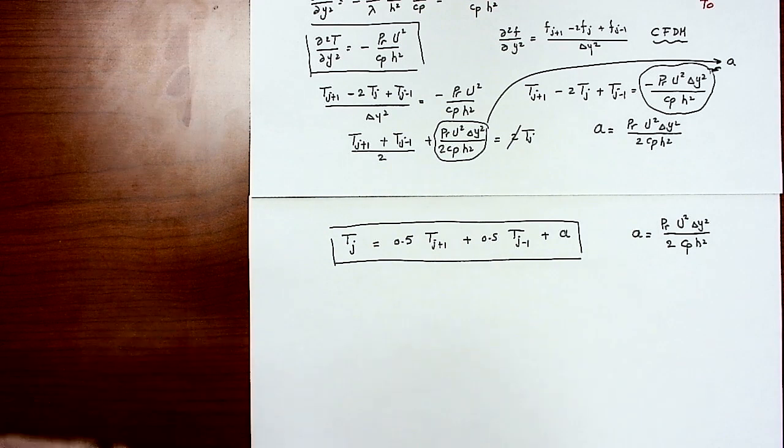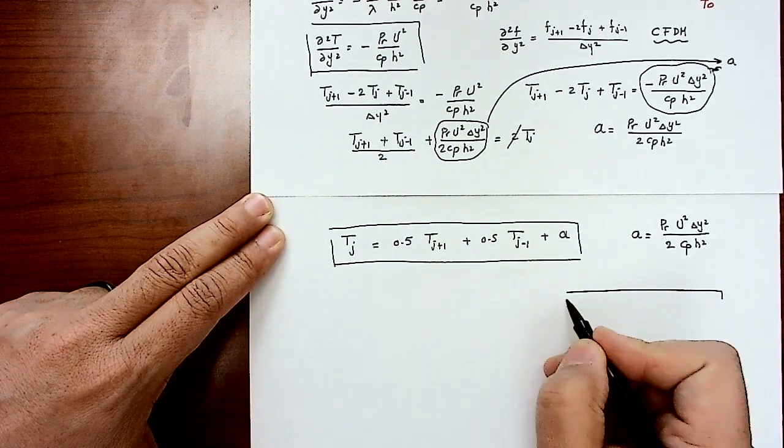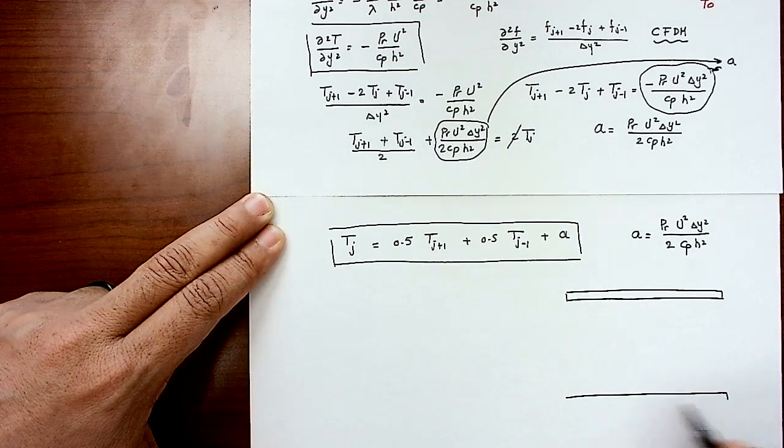So let's go into a more practical example here. Let's give numbers and get a sense of the solution. So the 2 plates are here. This is fixed.